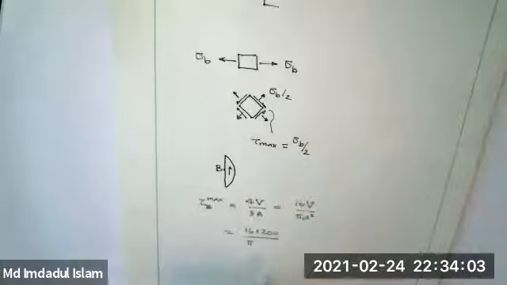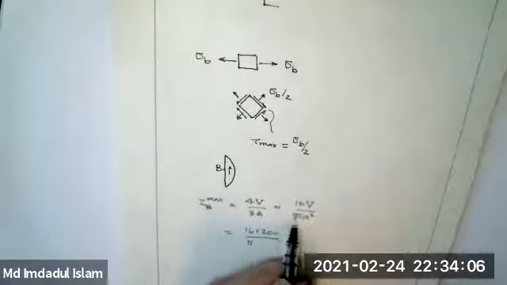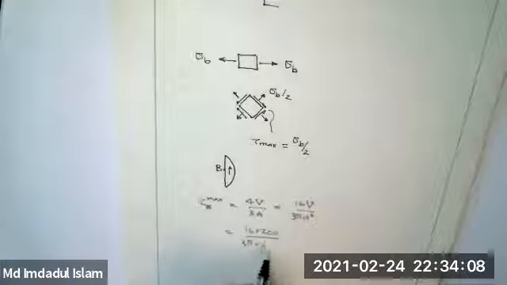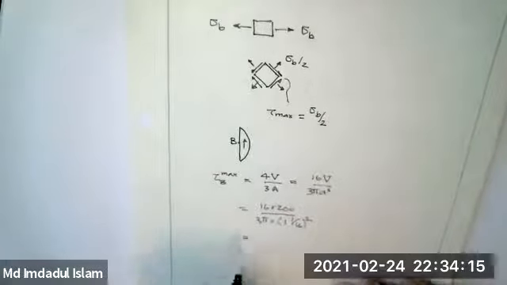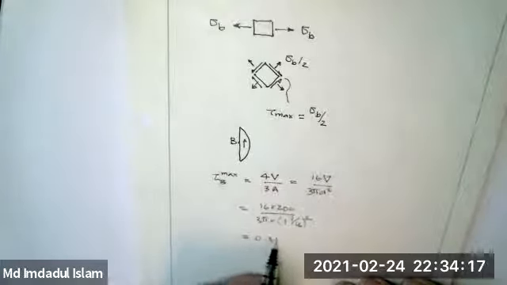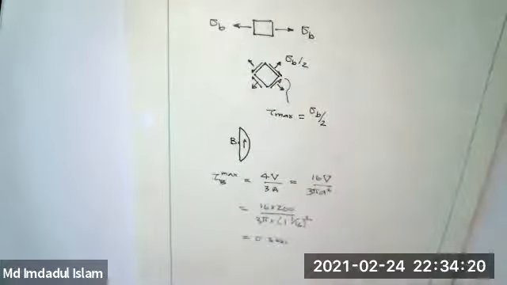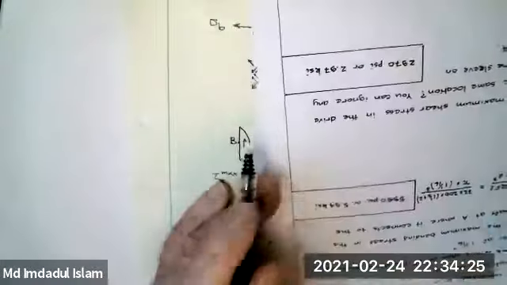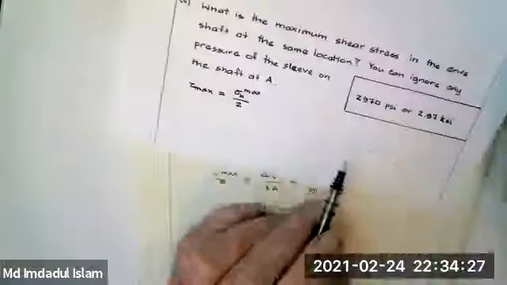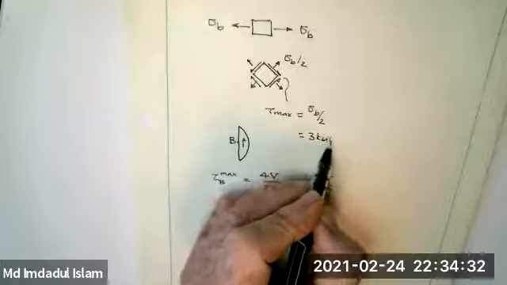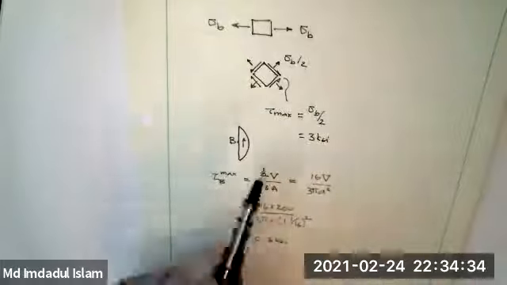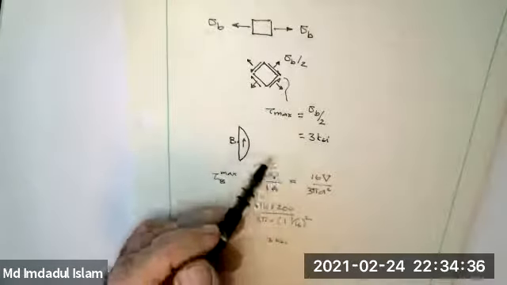And D was 1/16. Oh, there's a 3 here. If you calculate this, this is 0.3 KSI. And the answer we had for this was essentially 3 KSI. So this is the maximum shear by a factor of 10, okay?